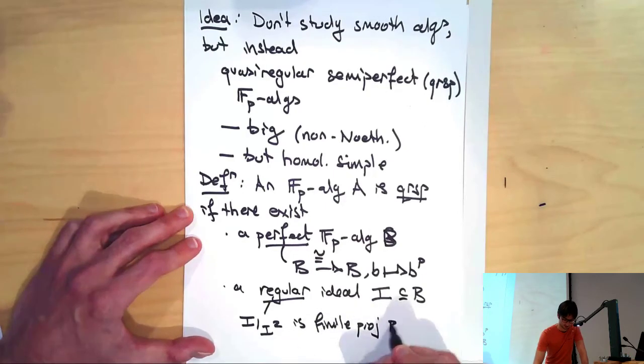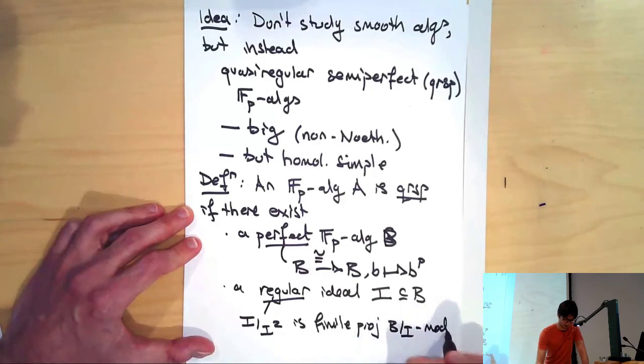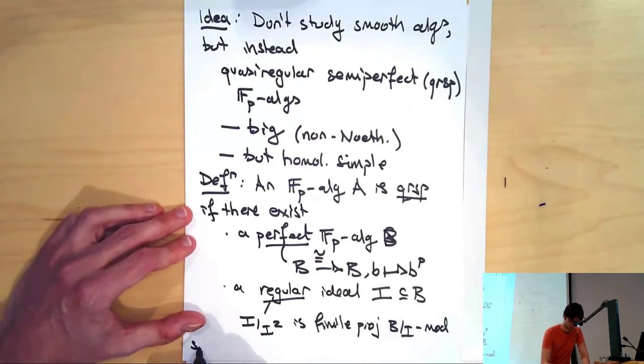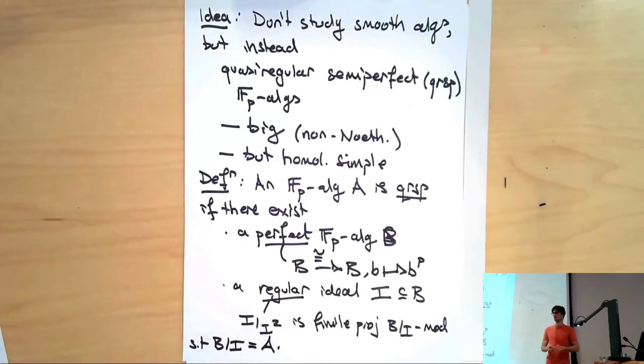It is a finite projective B mod I module, such that B mod I is equal to A. So in other words, I ask that spec A can be regularly embedded, not into a smooth scheme, that's what you very often do, but into a perfect scheme. Because perfect schemes and perfect rings will be the things that we can understand. So I want to be as close to this as possible, so I'm regularly embedded into a spec of something perfect.